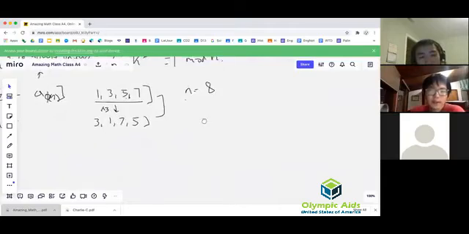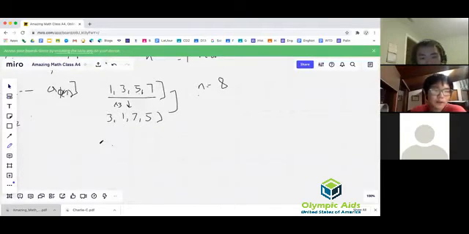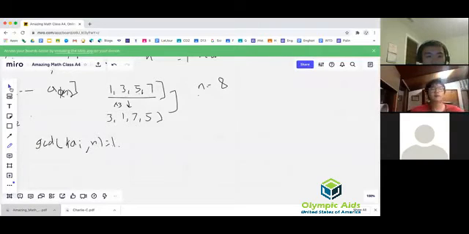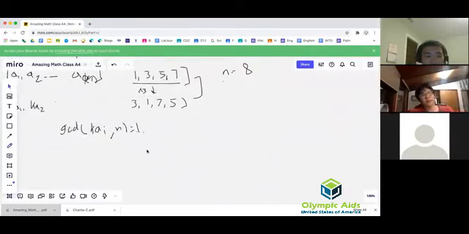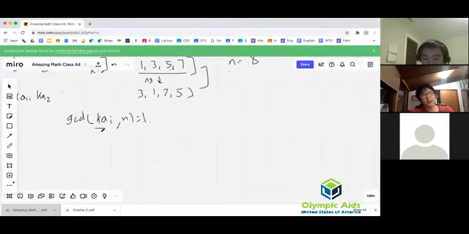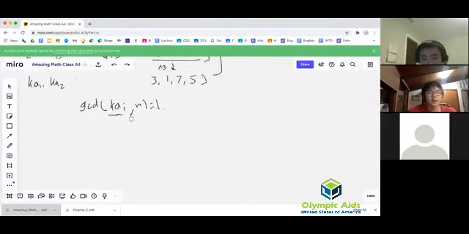To see this, first, I want to say that k a_i is always relatively prime to n. You know that k is relatively prime to n, and you know that a_i is relatively prime to n, so k a_i must also be relatively prime to n.